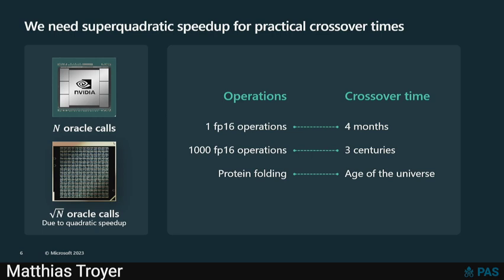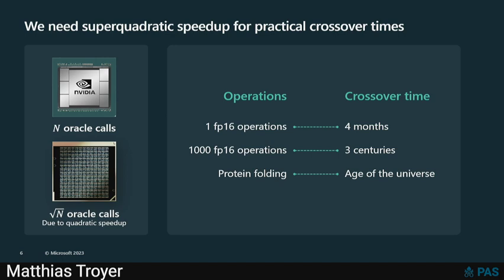But if you now put in these numbers, again, that are optimistic quantumly for something we might build in a decade, and pessimistic classically, a simple old GPU, then it turns out if the oracle is a single floating point operation, the crossover time would be 4 months.